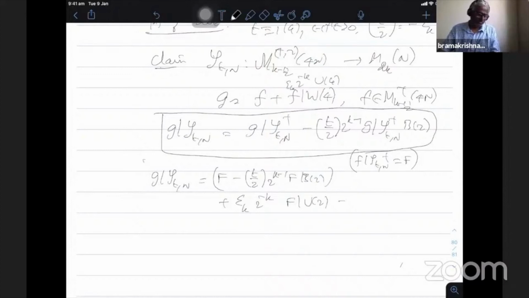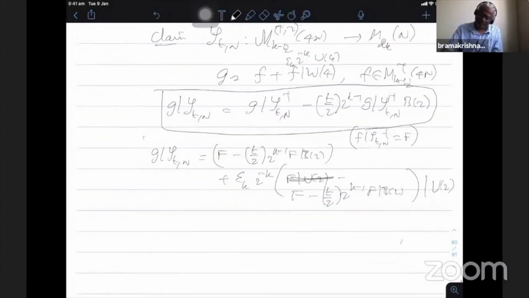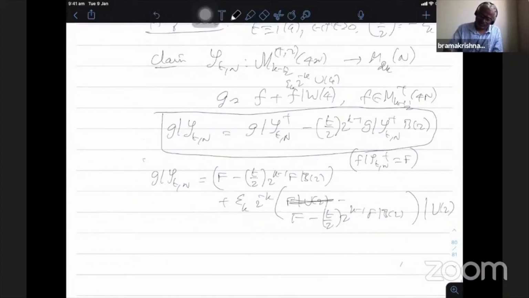What I have to do, this is 2^{-k} into F bar U2, F minus (t by 2) 2^{k-1} F bar B2 bar U2. That is better because I am just taking the same one. I apply U4 to the right. So therefore, this one is as it is.